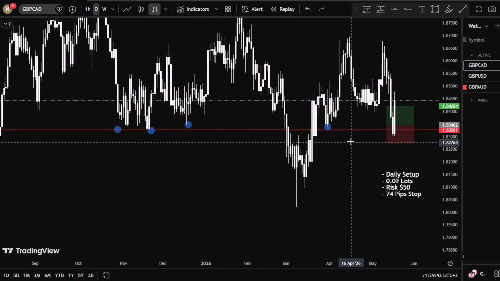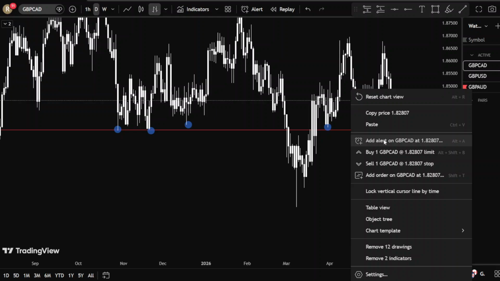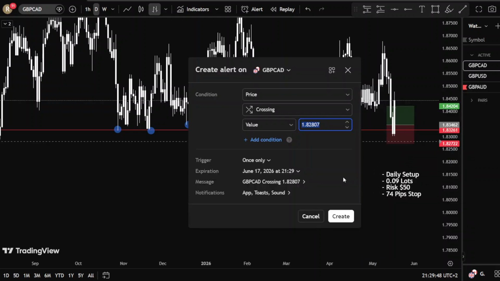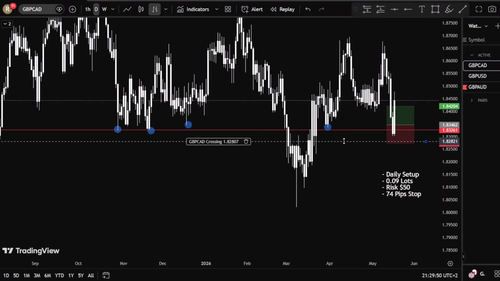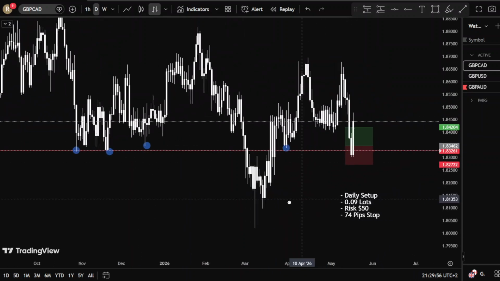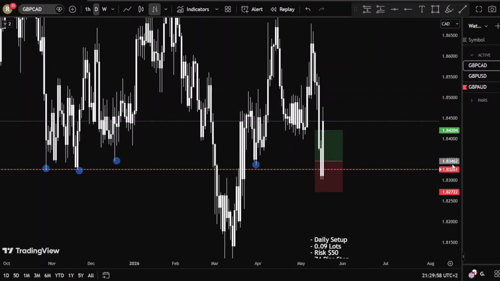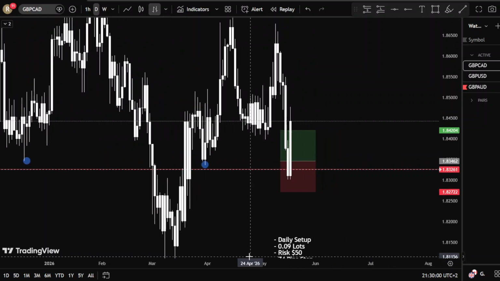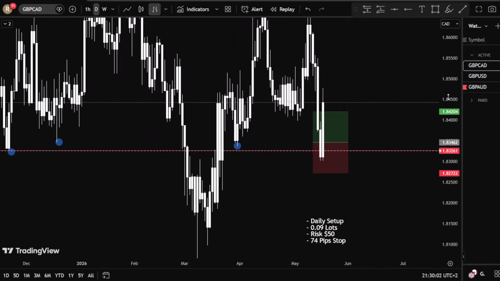So what I did was I was right clicking, add alert. I added an alert on the right line. So today is Monday.